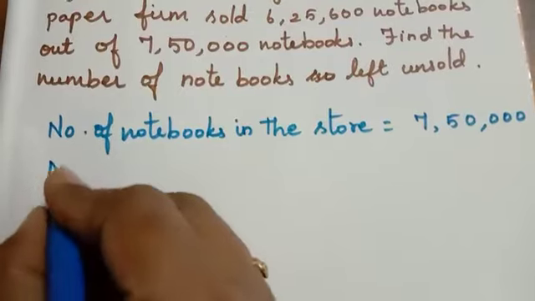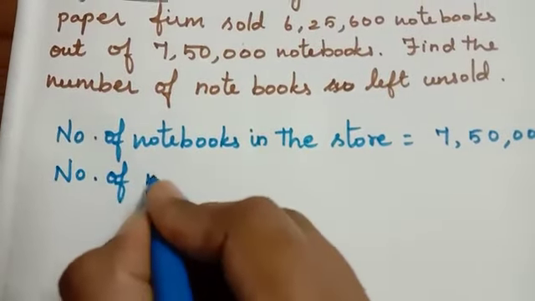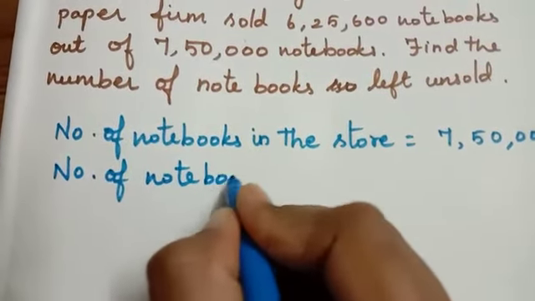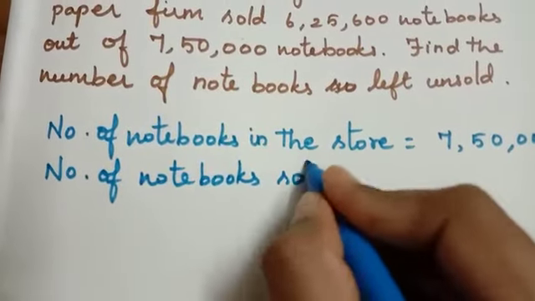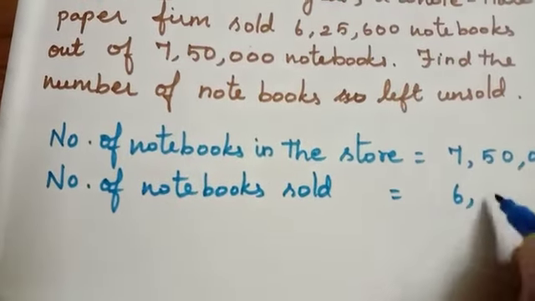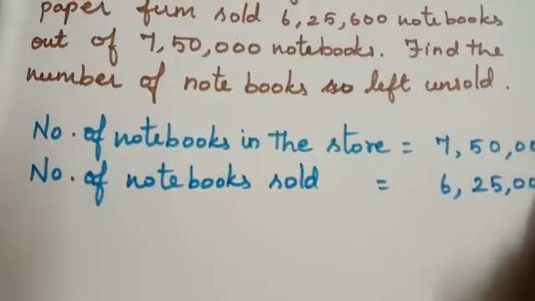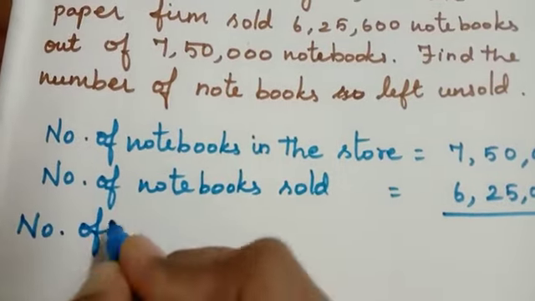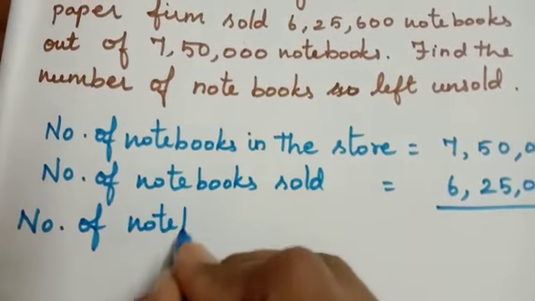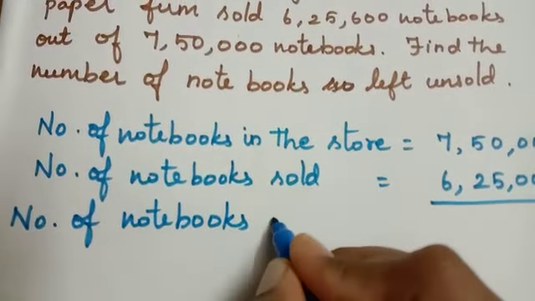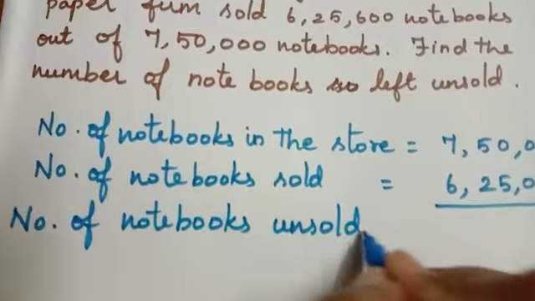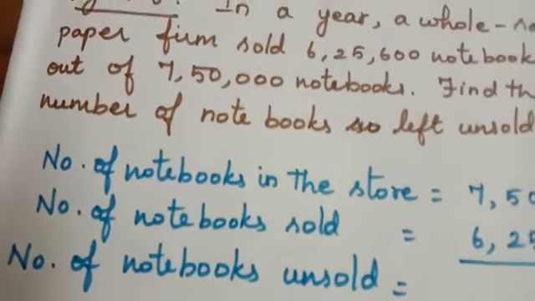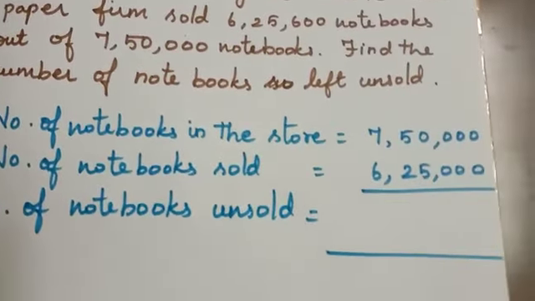Then number of notebooks sold, that is 6,25,000. So number of notebooks unsold. Unsold means what do we have to do? Subtraction. Yes, so we have to subtract it.